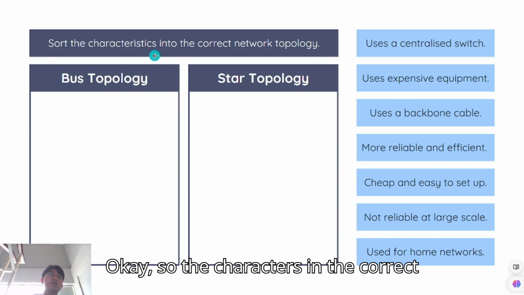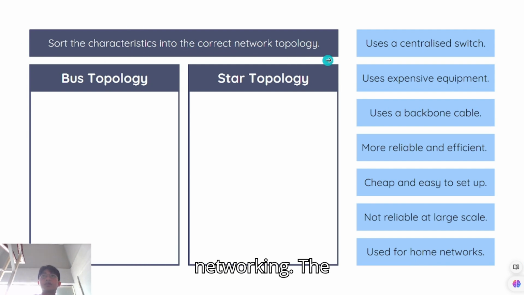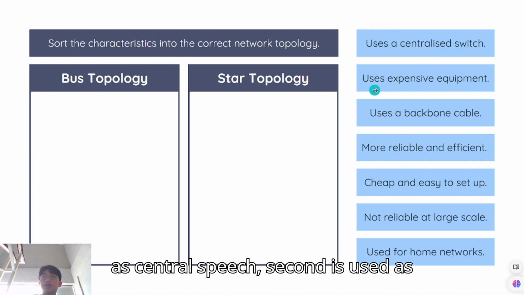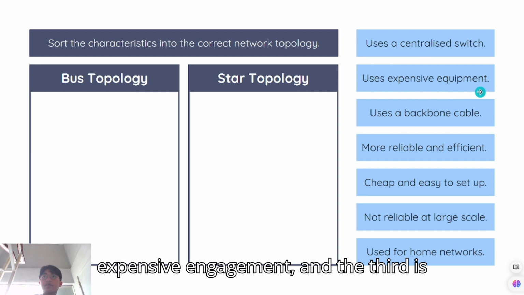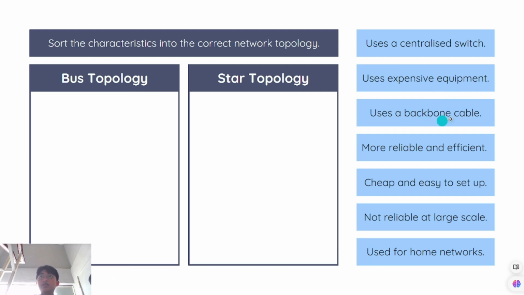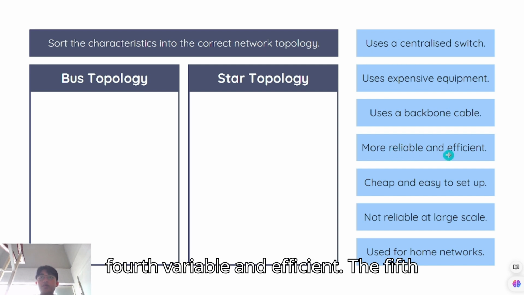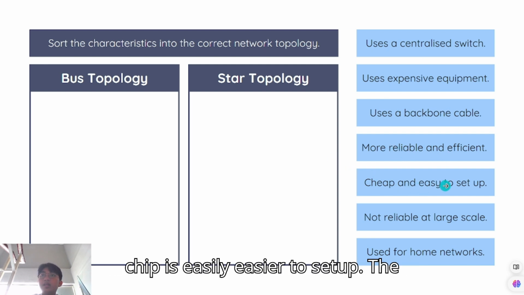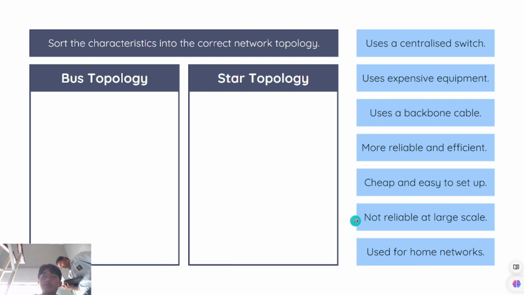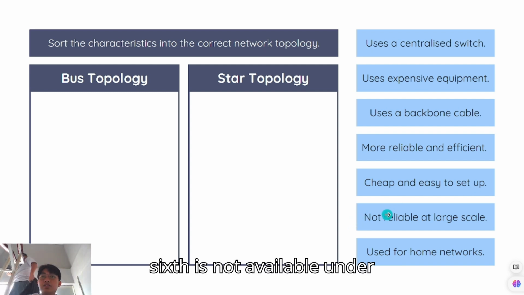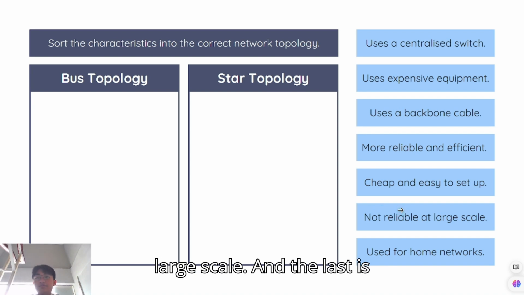Okay, now the characteristics of each network. The first is uses a central switch. Second is uses expensive equipment. Third is uses a backbone cable. Fourth, reliable and efficient. Fifth, cheap and easier to set up. Sixth, not suitable at large scale. And the last is used for home networks.